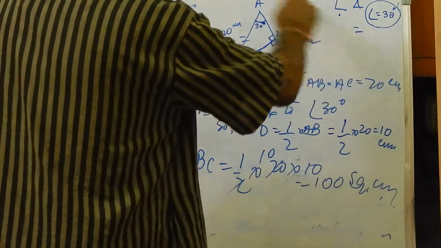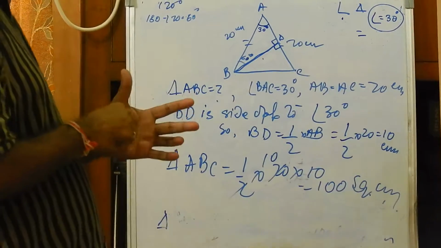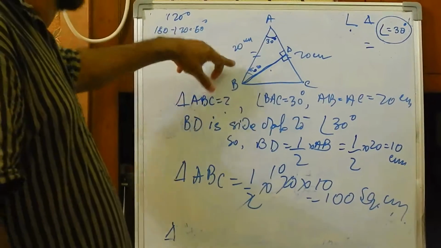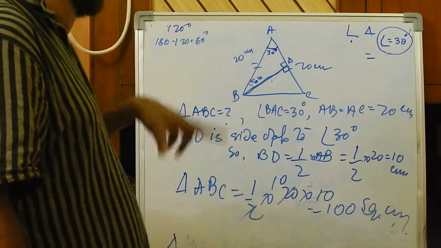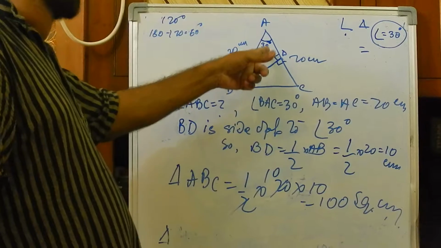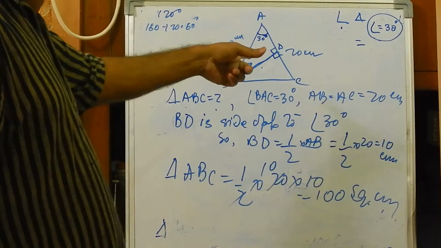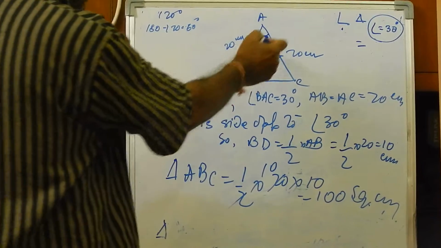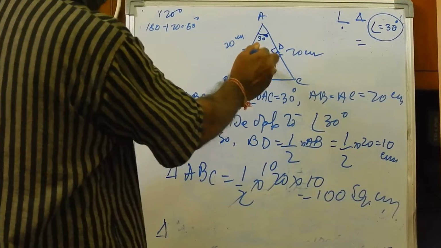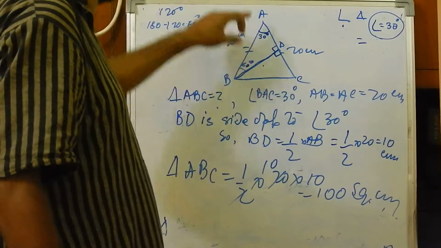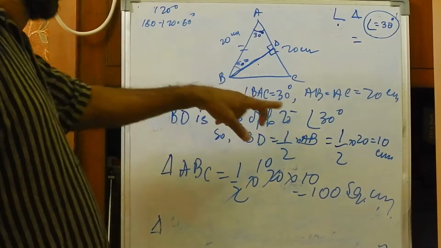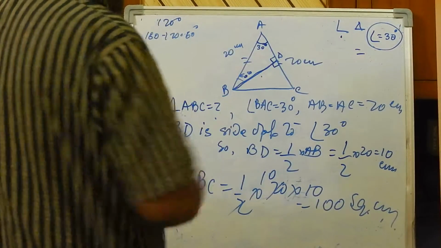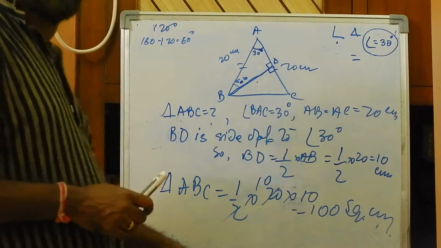So here the universally accepted theorem applies: wherever a right angle triangle has 30-60 degree angles, the hypotenuse will be double the side opposite to the 30 degree angle. By applying this, we easily find out the value of BD here. BD equal to half of AB, so half of 20 is 10. And now we can apply the formula also.